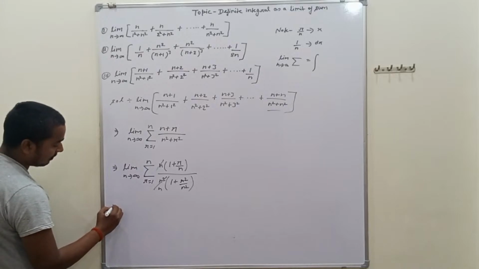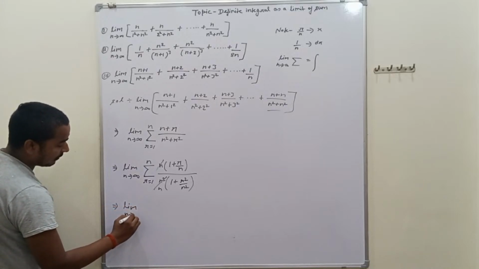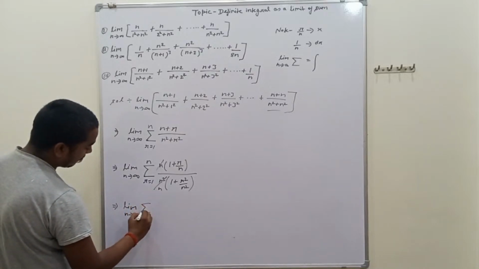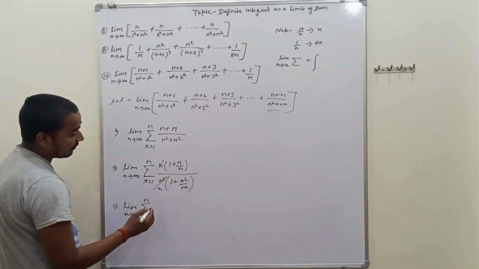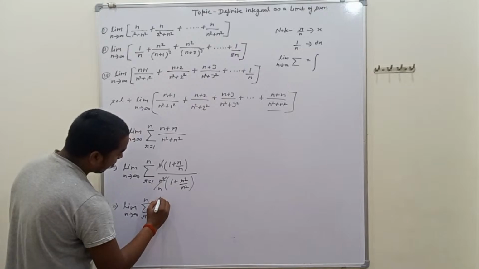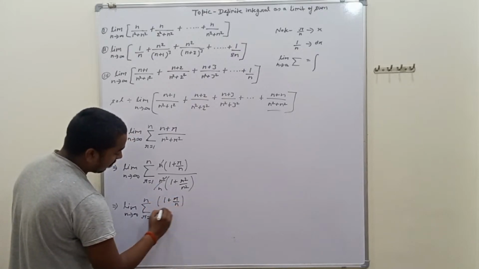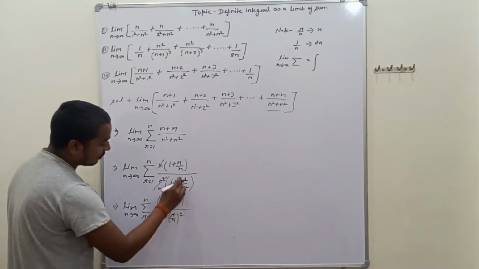Further, limit n tends to infinity, summation r is equal to 1 to n of (1 plus r by n) upon (1 plus (r by n) square), times 1 by n.